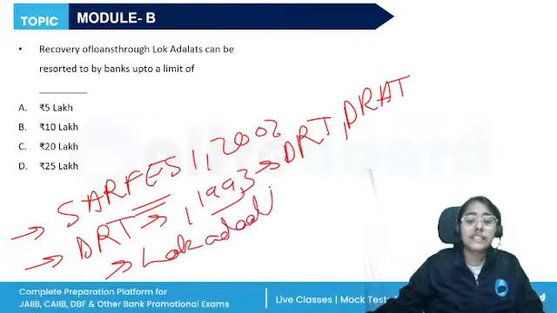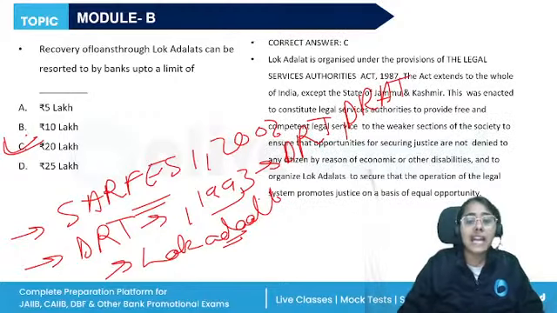Only those cases which are less than rupees 20 lakhs can be taken by the lok adalat, which are organized under the provisions of the Legal Services Authorities Act of 1987. All right, and these should not be of criminal nature.